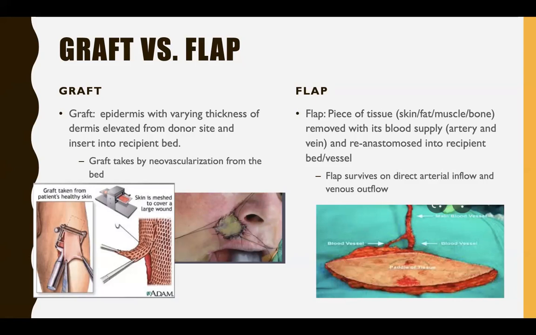You take the block of tissue and its blood supply en bloc to the new area, and you anastomose the artery and vein into the recipient artery and vein so that you have direct inflow and outflow from the new location. Grafts survive by neovascularization and flaps survive by direct arterial and venous inflow and outflow.